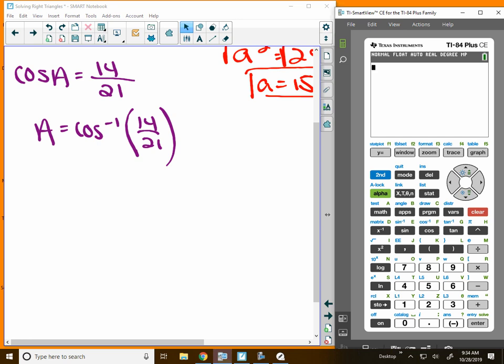So here's how we do it. Press second cosine. That's where you should see that cosine to the negative first. And then 14 divided by 21. You should get 48 point, round it to 2. 48.2.